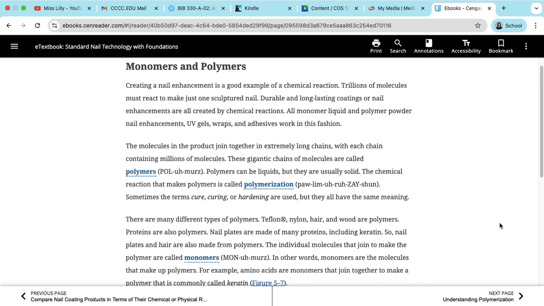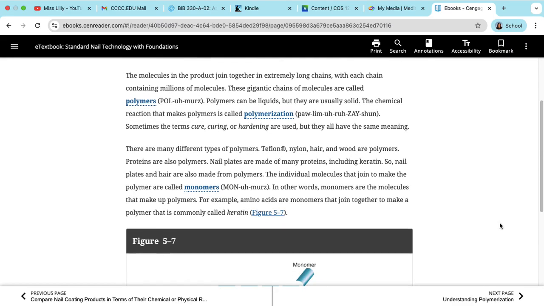All monomer liquid and polymer powder nail enhancements, UV gels, wraps, and adhesives work in this fashion. The molecules in the product join together in extremely long chains, with each chain containing millions of molecules. This gigantic chain of molecules is called a polymer.